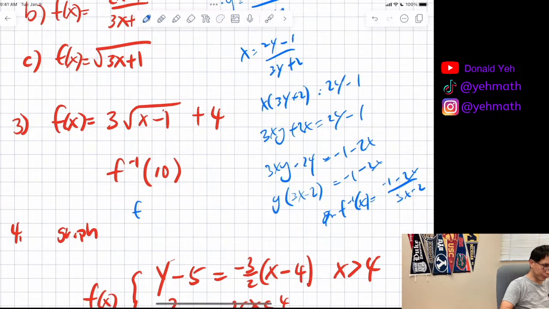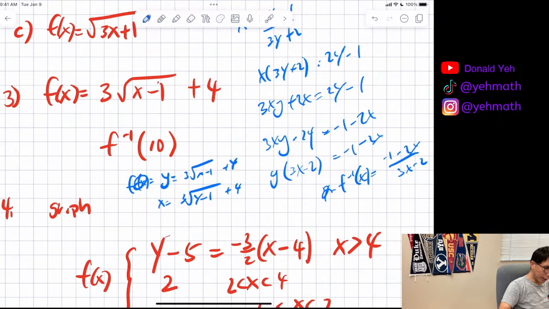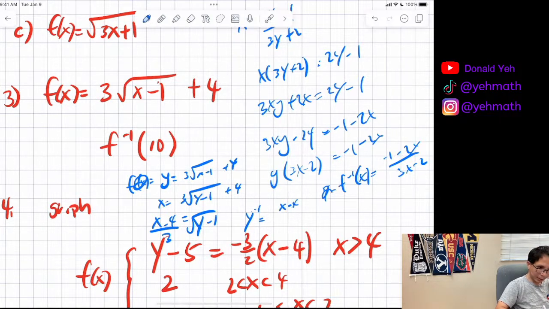So f of x, this is y equal to the square root of x minus 1 plus 4. Swap: x equal to the square root of y minus 1 plus 4, and then x minus 4 equal to the square root of y minus 1, and the inverse is equal to x minus 4 over 2 plus 1.